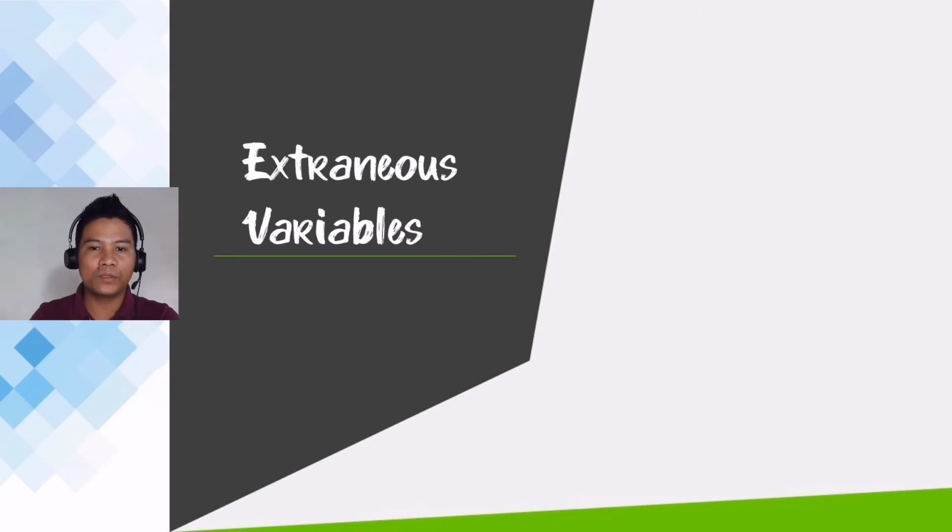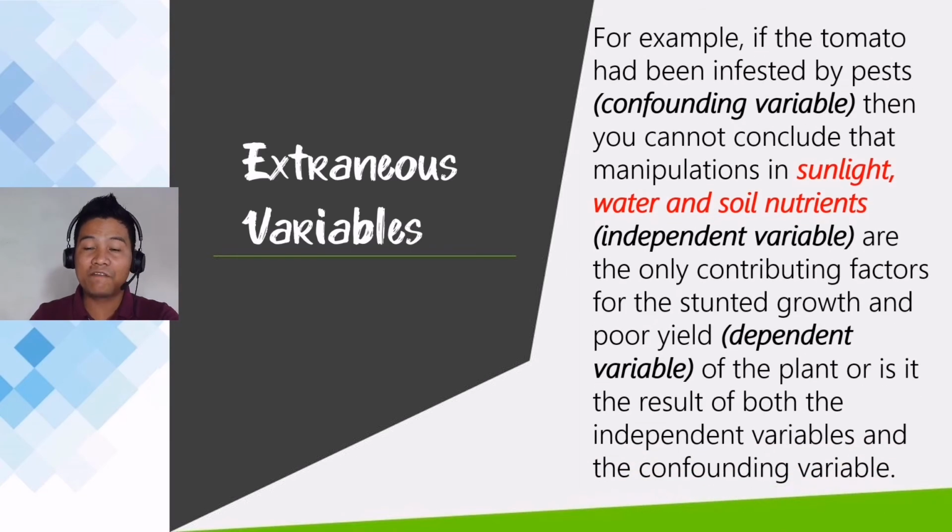For example, if the tomato had been infested by pests, pest here is the confounding variable, then you cannot conclude that manipulations in sunlight, water, and soil nutrients, which are the independent variables, are the only contributing factors for the stunted growth and poor yield, which are the dependent variables of the plant, or is it the result of both the independent variables and the confounding variable?